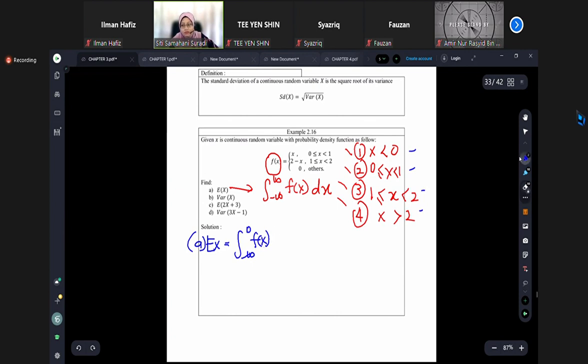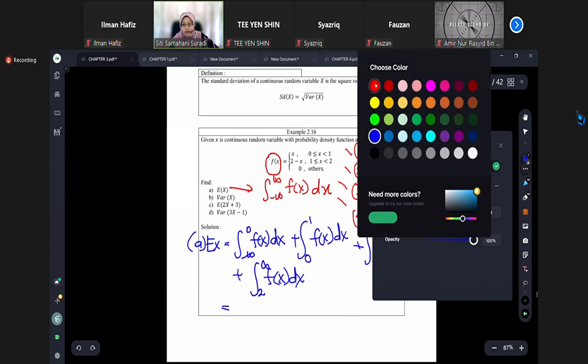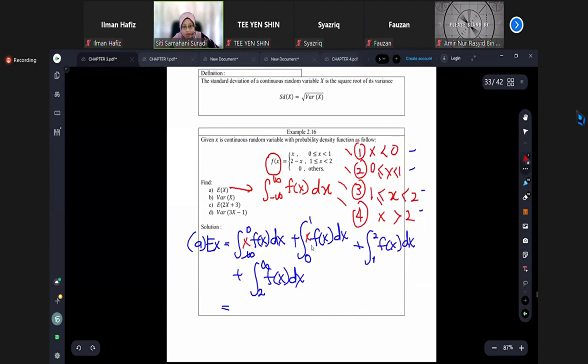Plus between 0 to 1 of x f(x) dx, plus 1 to 2 of x f(x) dx, plus more than 2, that means 2 to infinity of x f(x) dx. Okay, sorry. E[X] means you need to multiply with the x, all of it. So that means x, x, x, x. Get it?